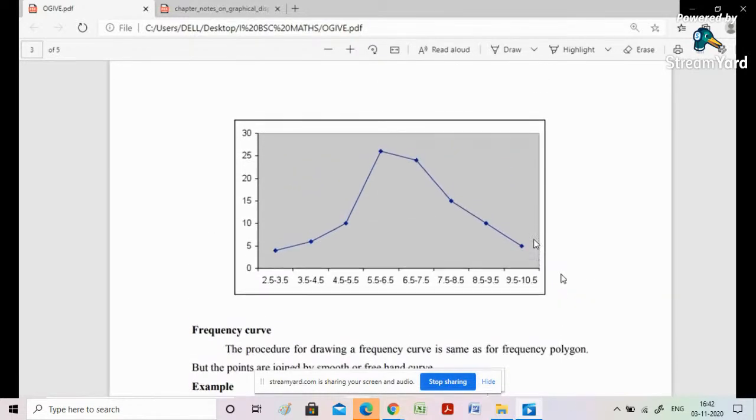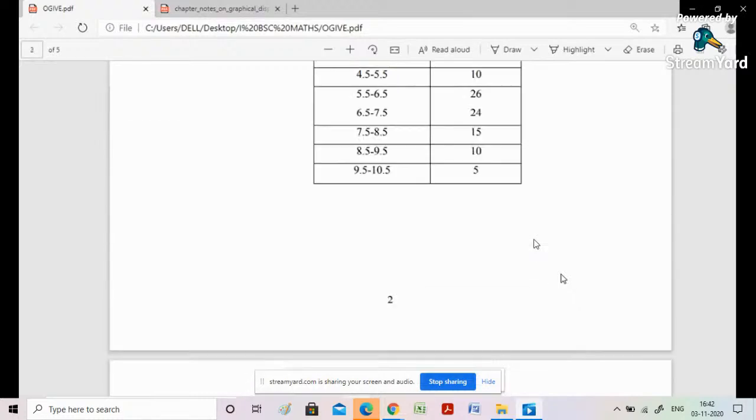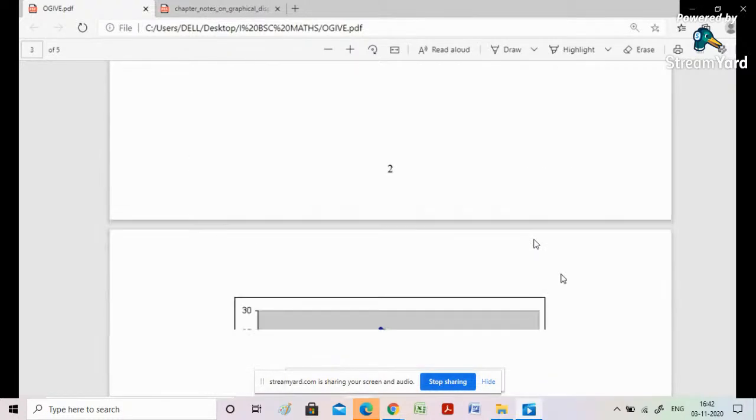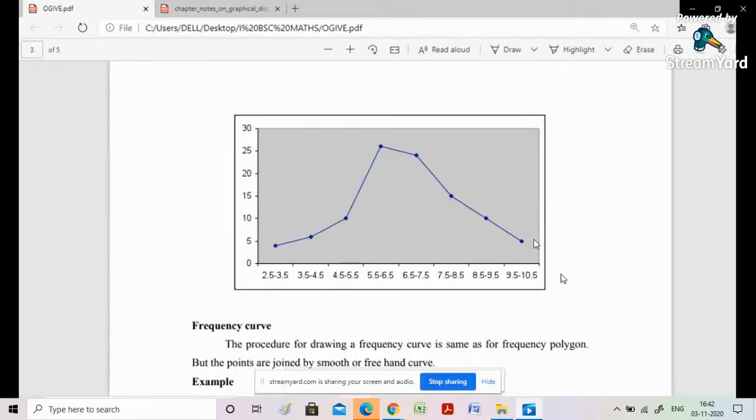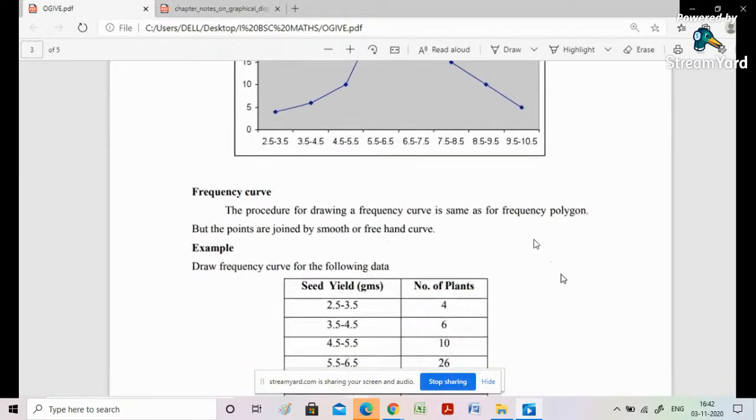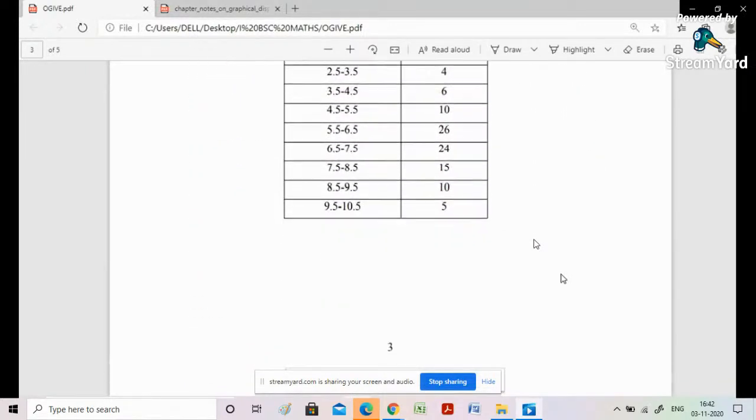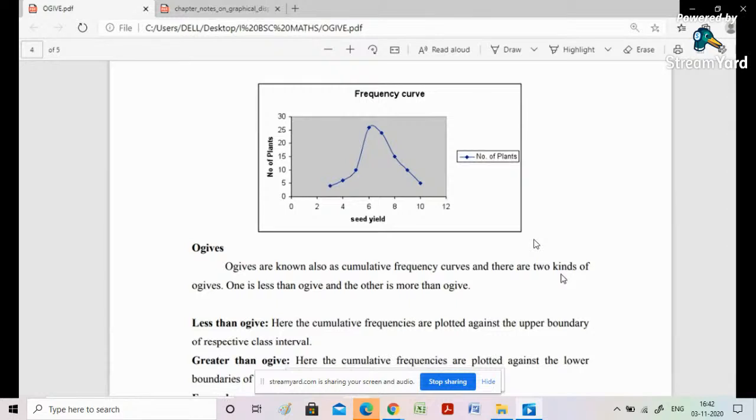Sometimes in newspapers you can see either histograms or this type of frequency polygon. Using these frequency polygons, we can easily understand the structure of the distribution. That is a speciality. People commonly use this frequency polygon for representing data. This is a smooth curve drawn through the midpoints.